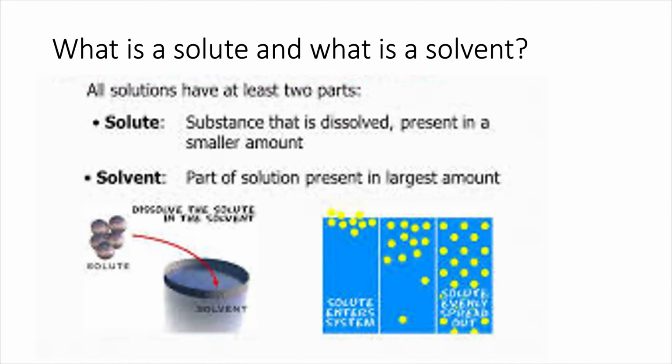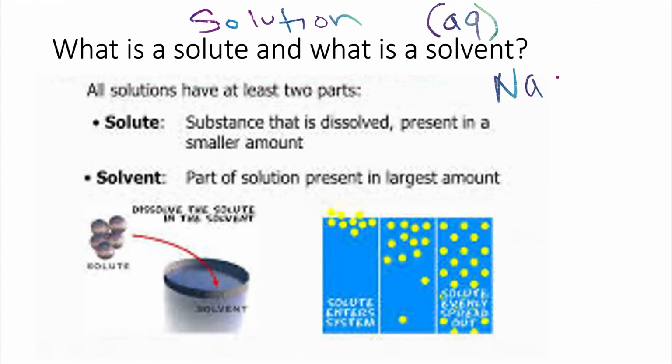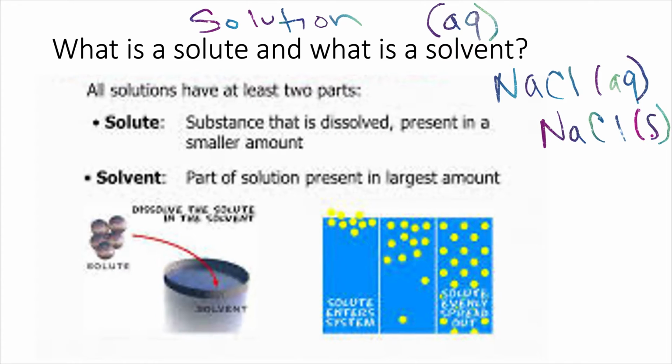Another important thing to understand, and this is going to go into Table G, is different parts that make up a solution. We learned that when we look at a compound, it's most likely a solution if it has this symbol next to it. For example, salt water would say NaCl aqueous, which is different from NaCl solid, which means just salt as a solid.